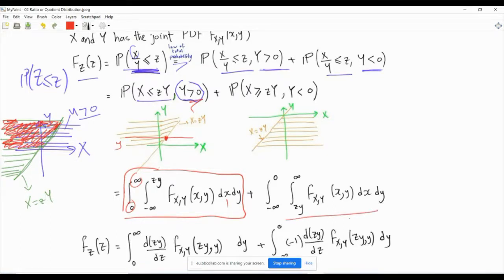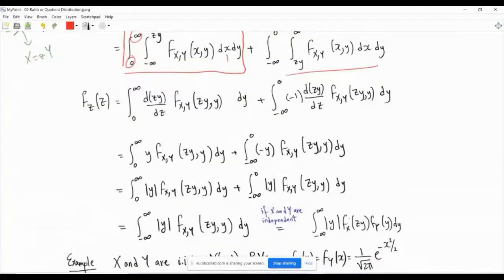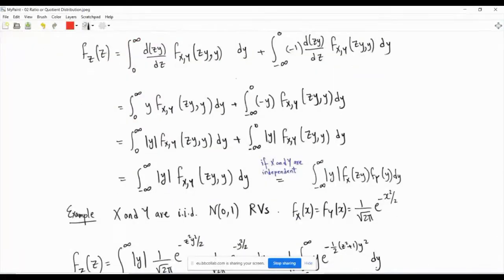Now you need to apply the Leibniz rule. I did it last time for the sum, and it's the same story here. You will do it two times, to the outer integral and then to the inner integral. Then you can find that these two integrals combine to give you this final result. So the PDF of x over y at z is the joint PDF, multiplied by the absolute value of y.